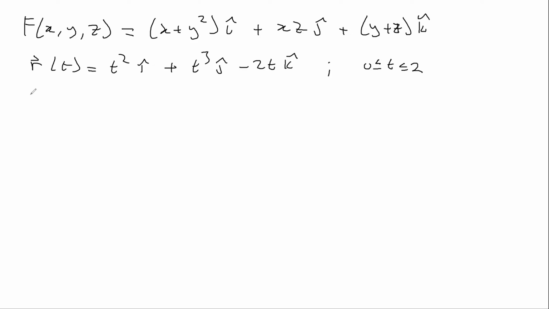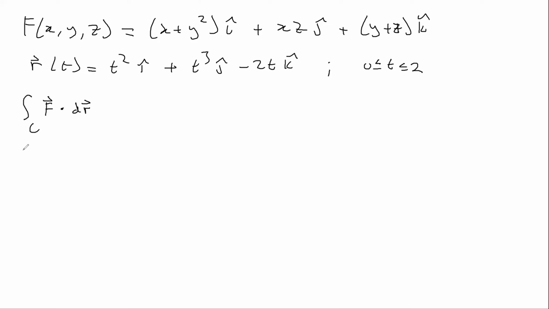So how I normally set this up is I'm going to use the line integral formula that we covered in lecture. We have the vector F multiplied by the derivative of the r vector.